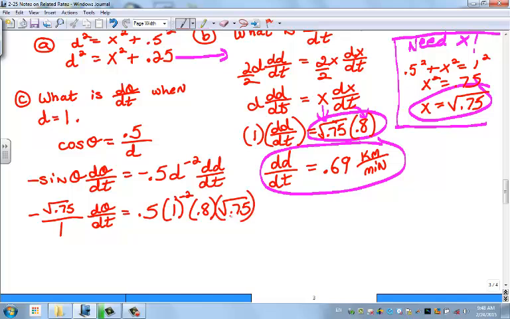Now, here's the deal. If you divide both sides by radical 0.75, actually let's divide by negative radical 0.75. We get d theta dt equals negative 0.5 times 0.8.